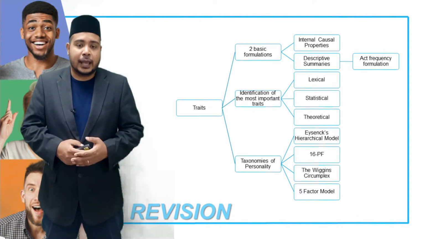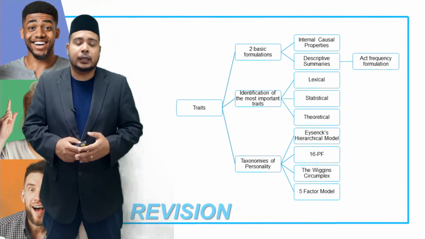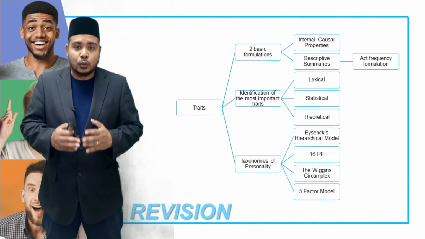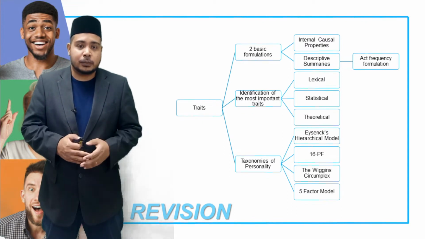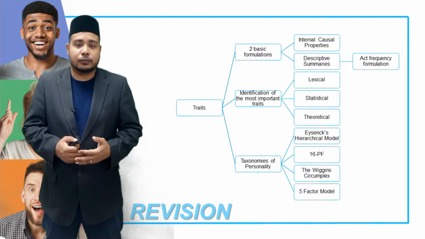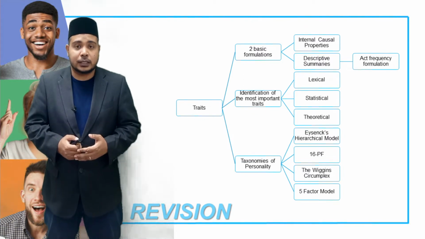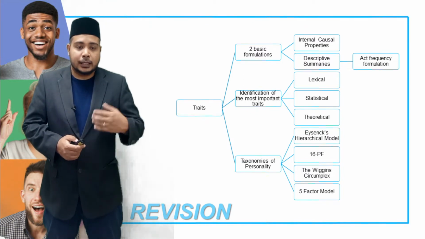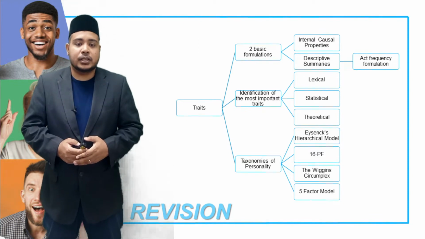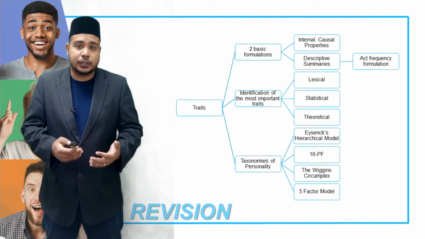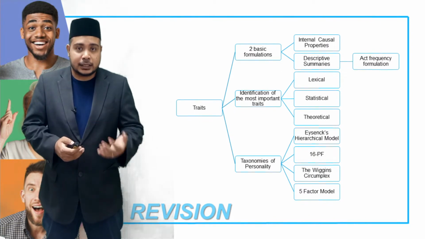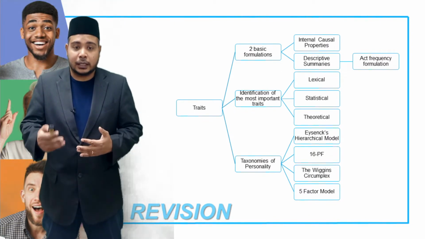And then we look at the act frequency formulation, whereby personality psychologists who subscribe to the descriptive summaries conducted research on act frequency formulation. And next, we look at the identification of the most important personality traits. We've discussed 3 approaches, which are the lexical approach, which is based on language.